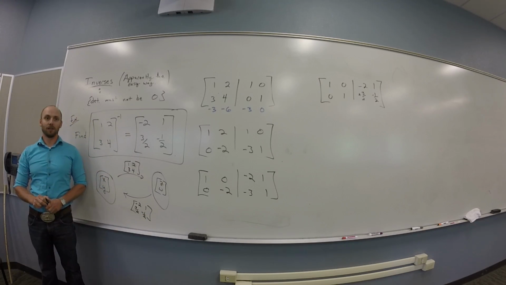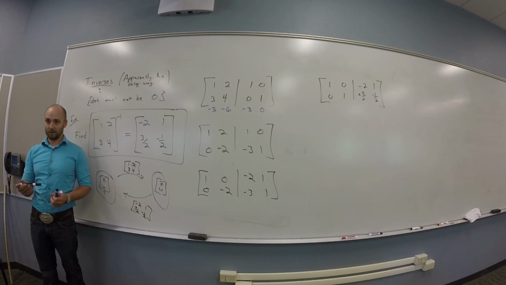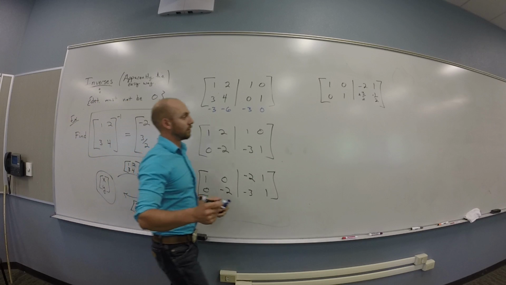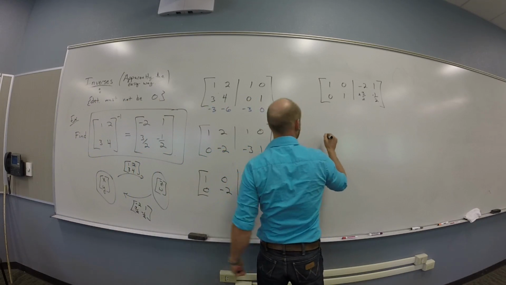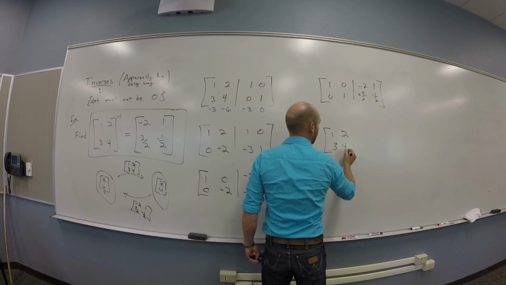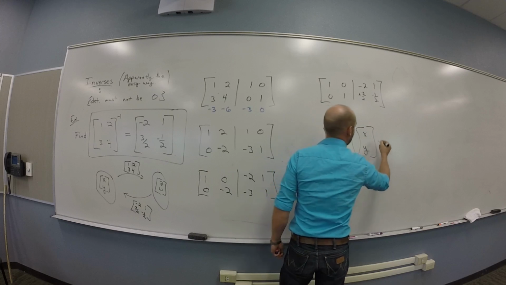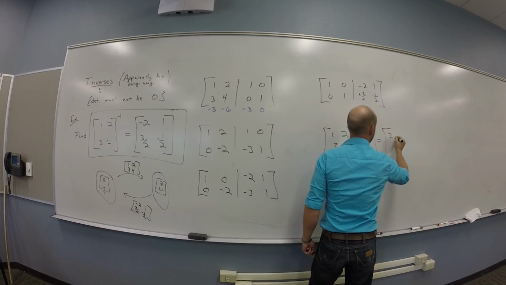You guys see this? This is kind of the idea of dividing. So if I thought about what that statement means, that means if I take 1, 2, 3, 4, multiply by an x, y, I get z, w, yeah?